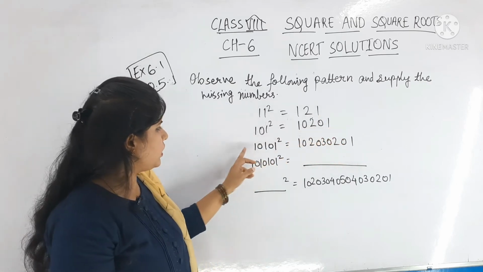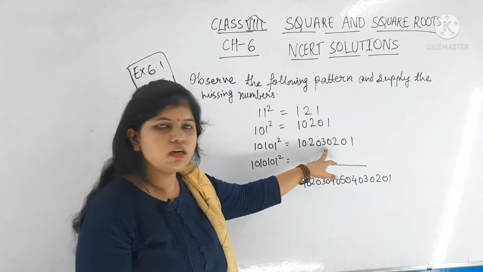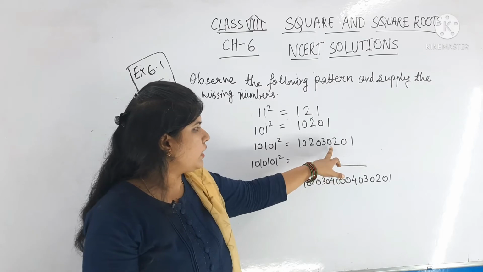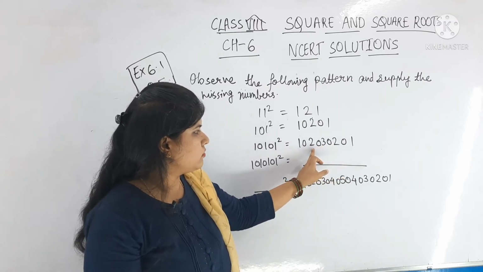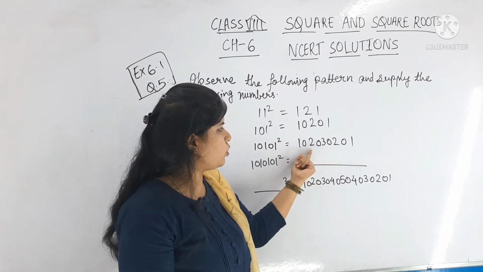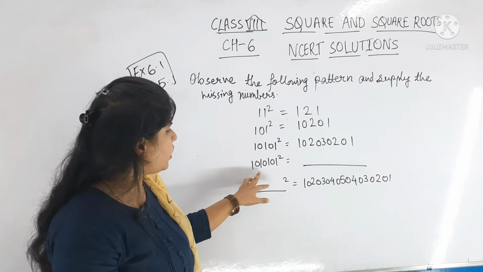Okay. So here 1 2 3, 3 ones. So I am getting 3 in the middle and you can write 1 0 2 0 before it, and after 3 the reverse order, 0 2 0 1. Okay, like this we have 1 2 3 4.